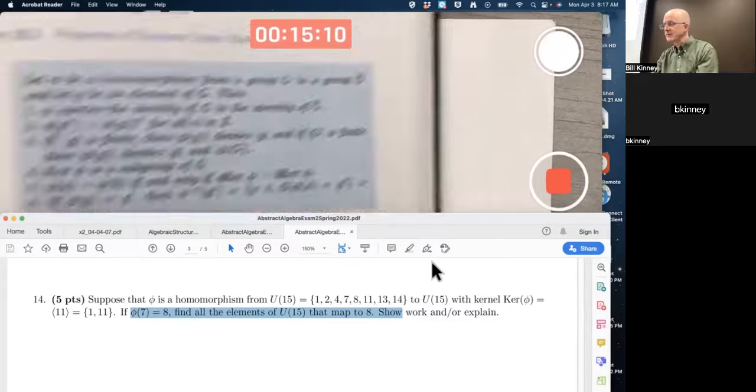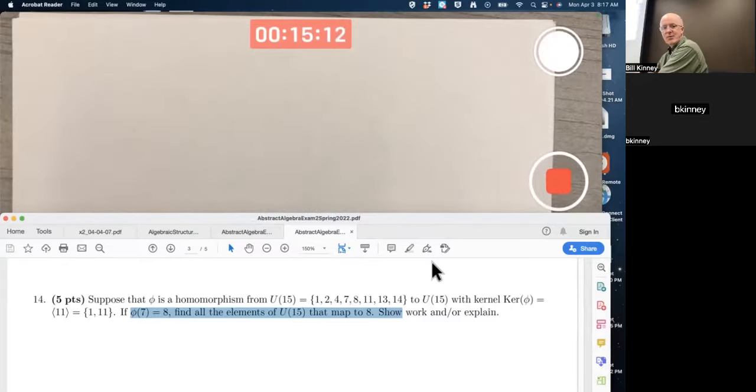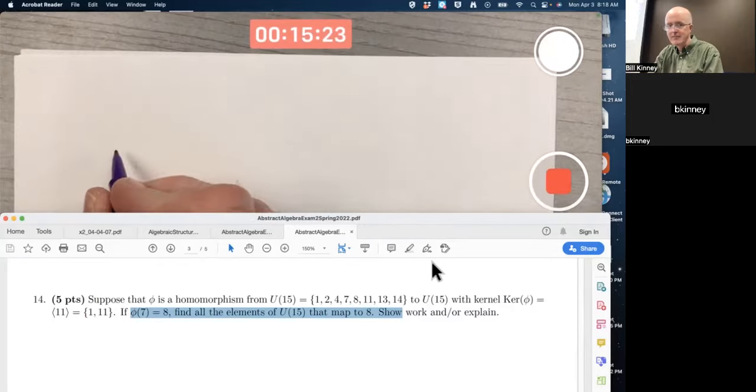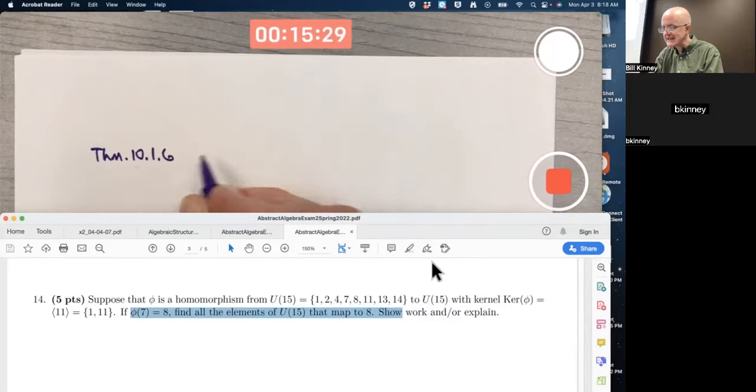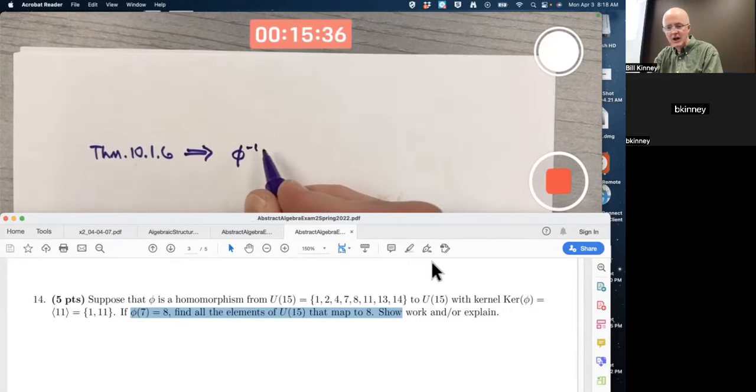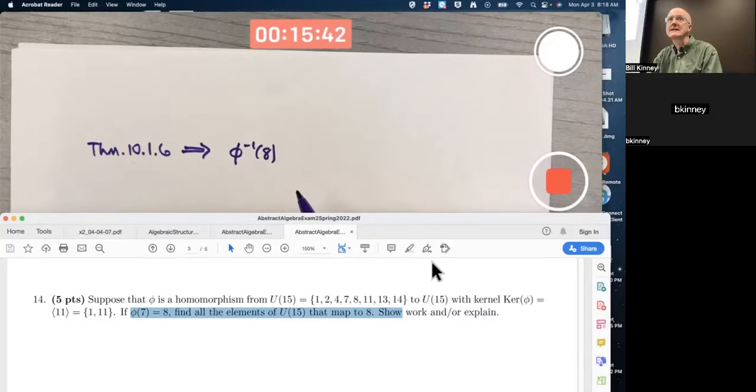That's relevant for this problem, because phi of 7 equals 8, and we're trying to find everything that maps to 8, so we're trying to find the preimage of 8. By Theorem 10.1 part 6, the preimage of not 7 but 8 is not one element; this is more than one element.